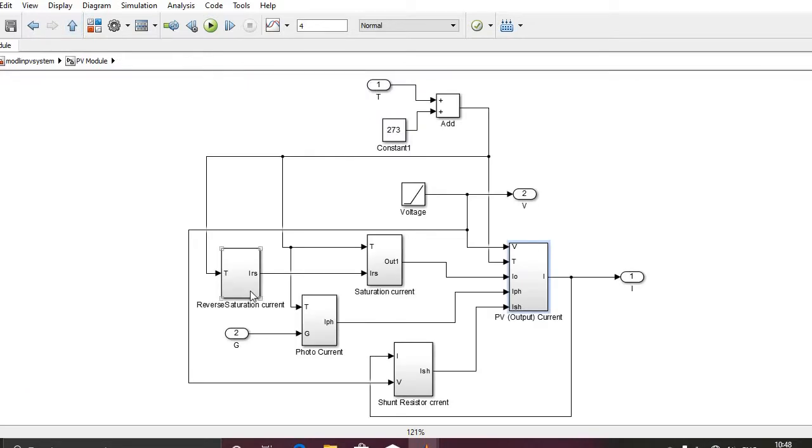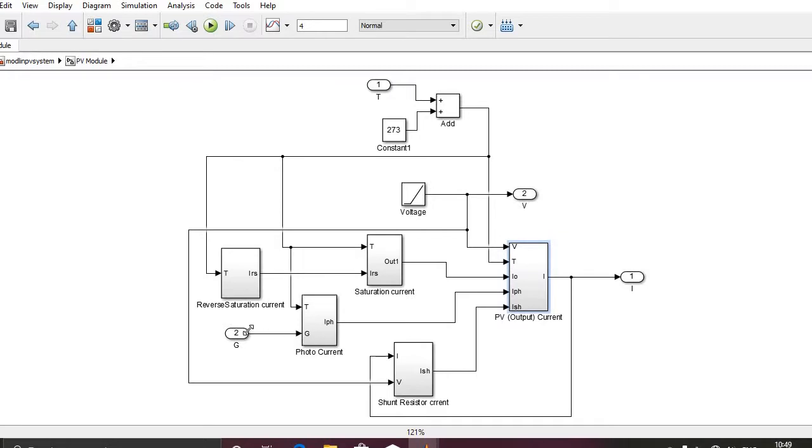So we have completed all the subsystems. Now connect them like this. For reverse saturation current, T, the temperature, is the input and IRS is the output reverse saturation current, and this is used in the saturation current subsystem, which has two inputs, temperature and IRS, and its output saturation current is given to the PV module.